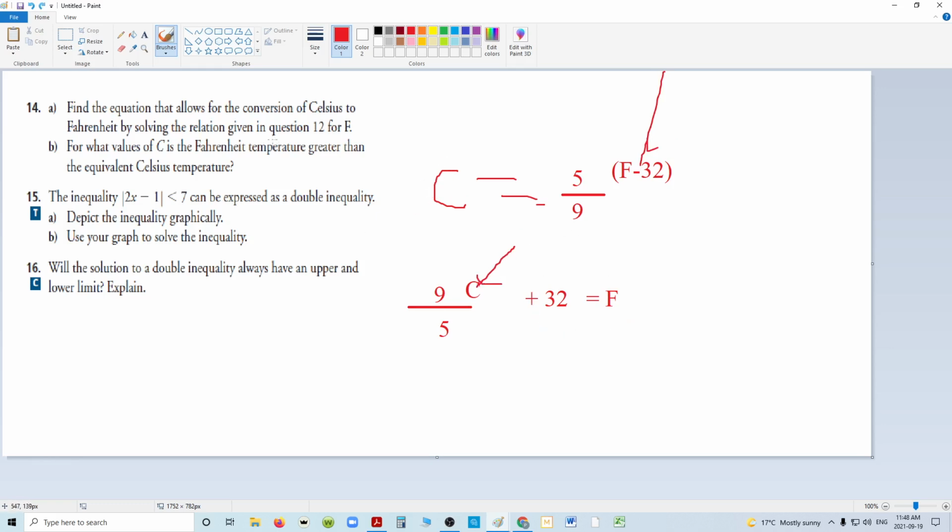Now they want to say, for what values of C is the Fahrenheit temperature greater than the Celsius? So when is F bigger than C? Well, it's when this equation here is bigger than this equation here.